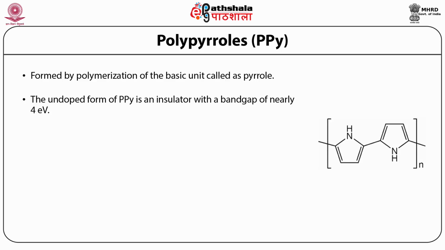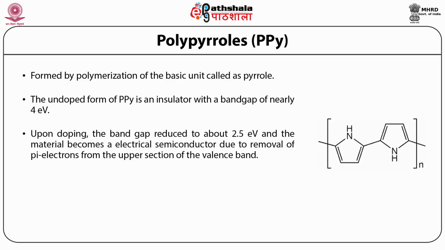Upon doping, the band gap reduces to about 2.5 electron volt and the material becomes an electrical semiconductor due to the removal of pi electrons from the upper section of the valence band.